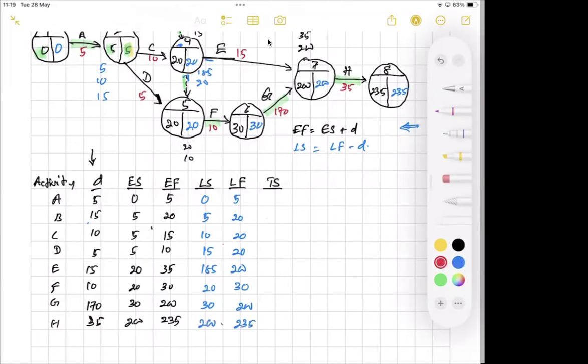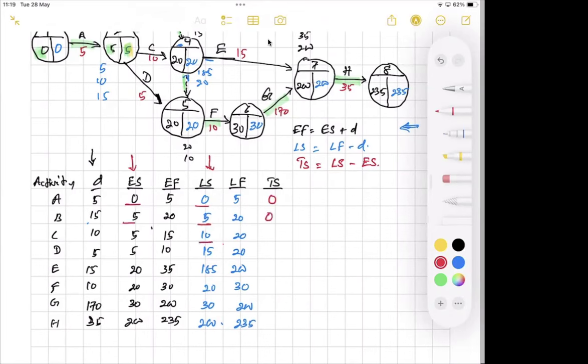Then you have to find out the total slack. The total slack equals late start time minus early start time, right? We have already found the early start as well as the late start. Simply take the difference. Activity A, late start time is 0, early start is 0, the total slack is 0. Activity B, 5 and 5, 0.